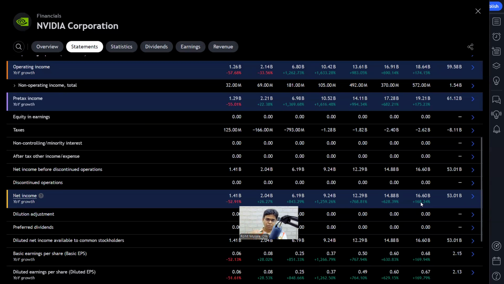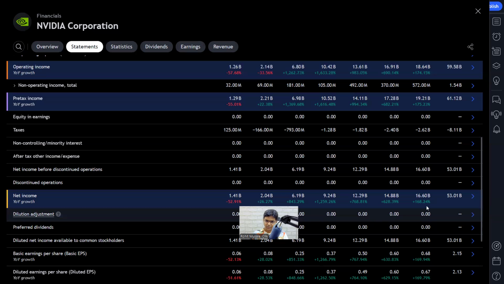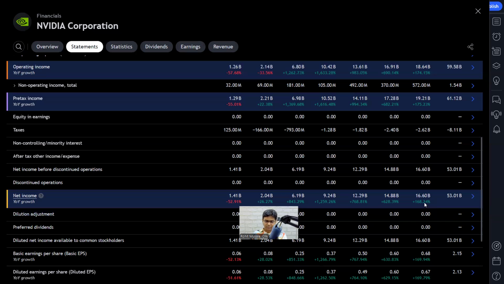So now we are compromising on that earlier 40% criteria, but we are keeping a minimum criteria of 25% and we are demanding accelerating. In the earlier criteria, even if this was negative, but this was 40%, we would still consider the stock. So now you understand this is the second variation. This number should be more than 25%, and the growth rate should be accelerating.